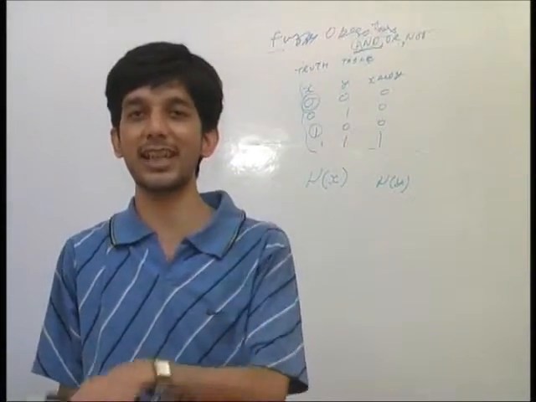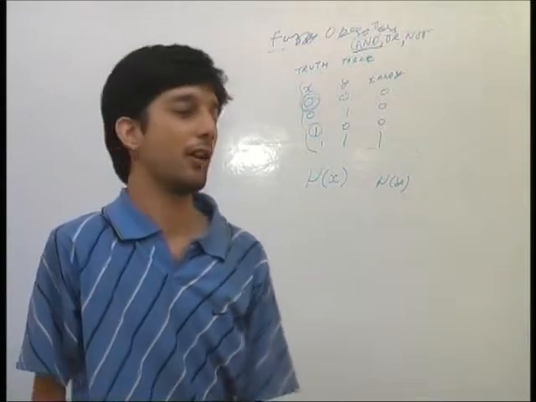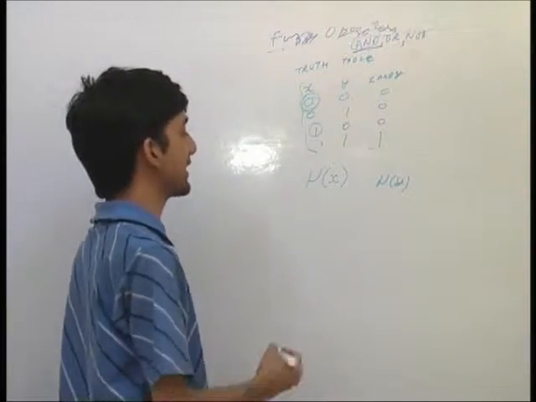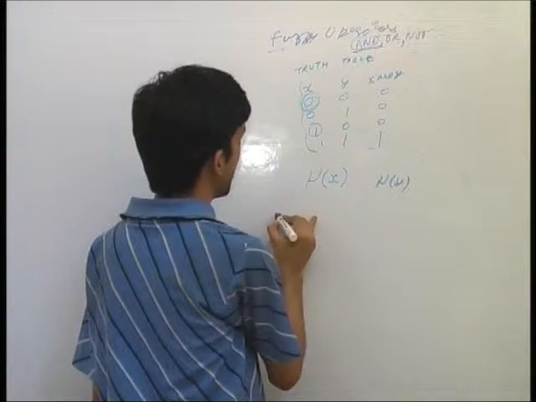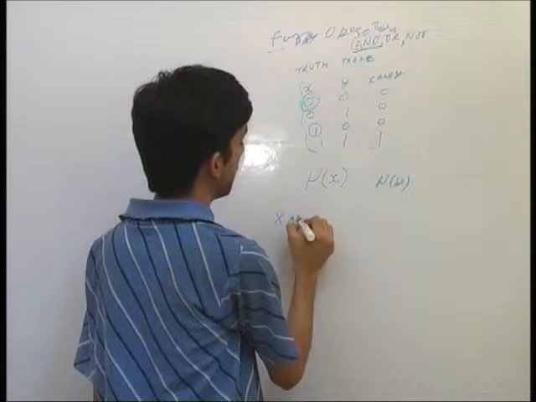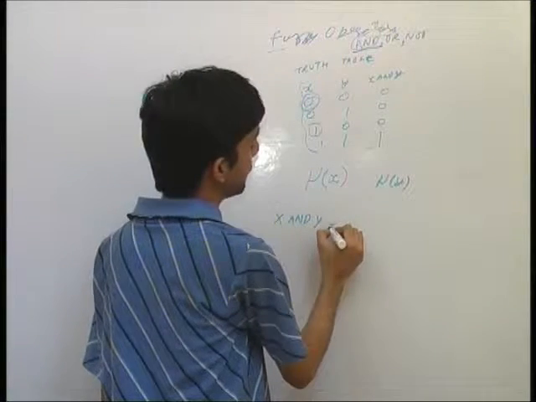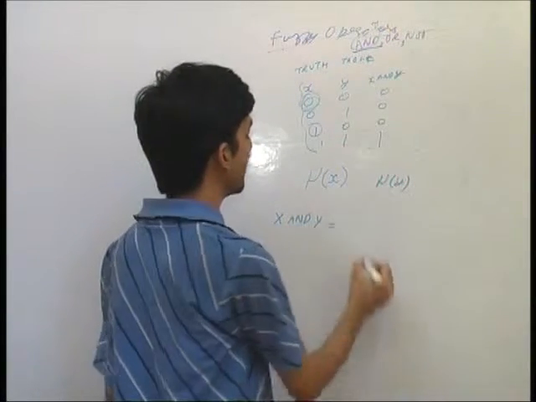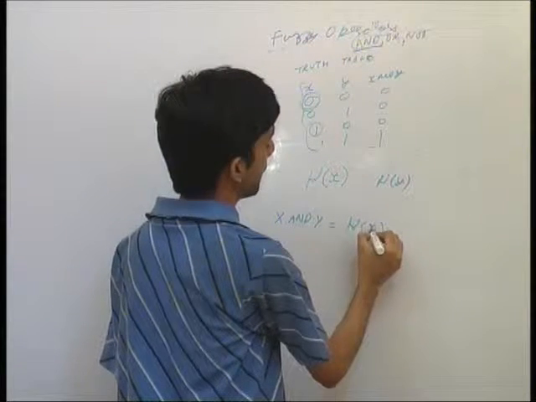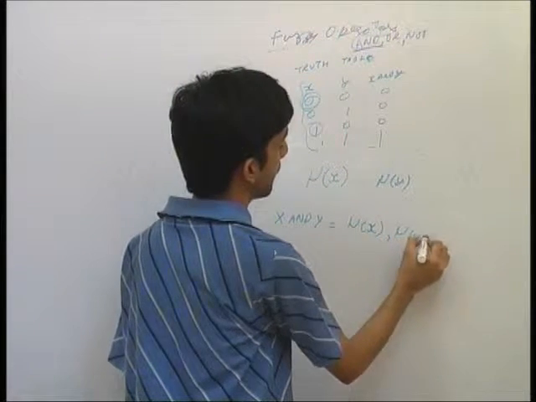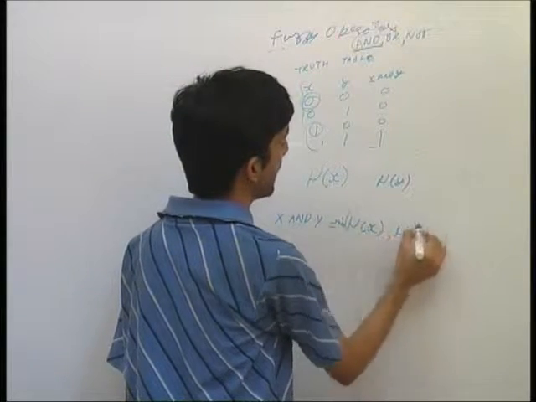So in place of zeros and ones I have mu x and mu y. All that it says is that whenever you are trying to take an AND in the fuzzy domain, it would be nothing but a minimum of mu x and mu y.